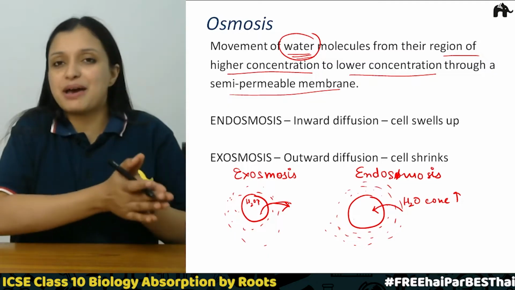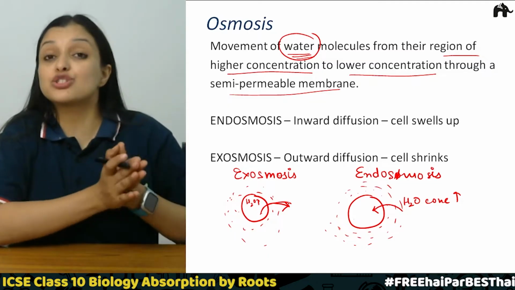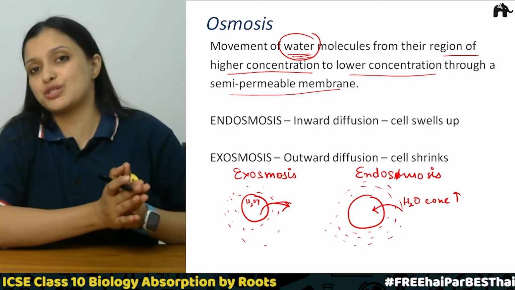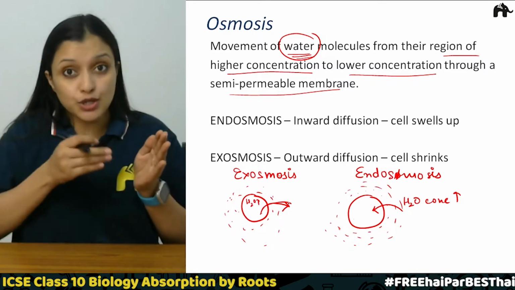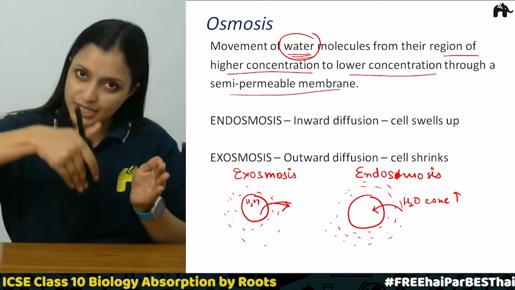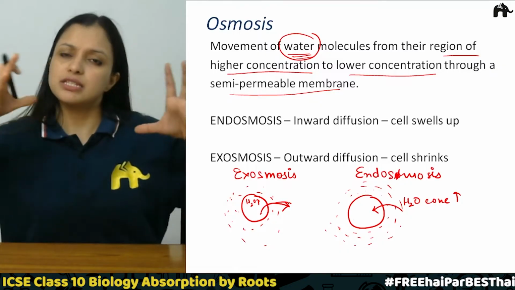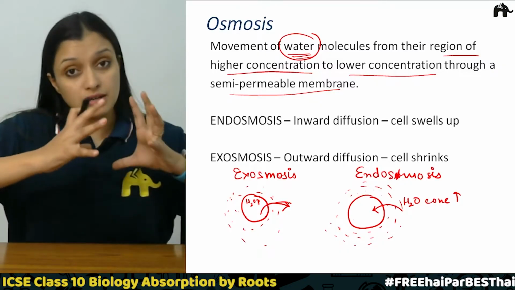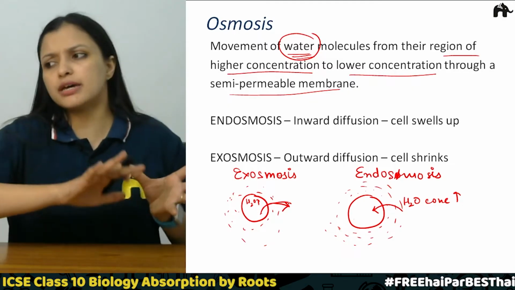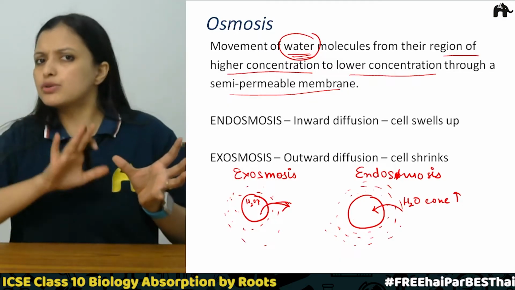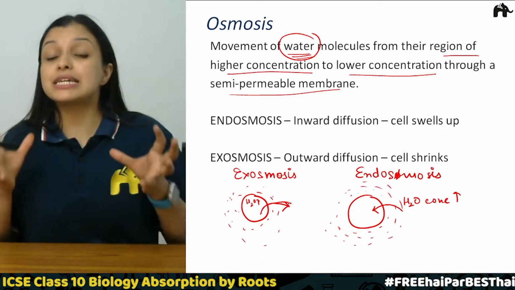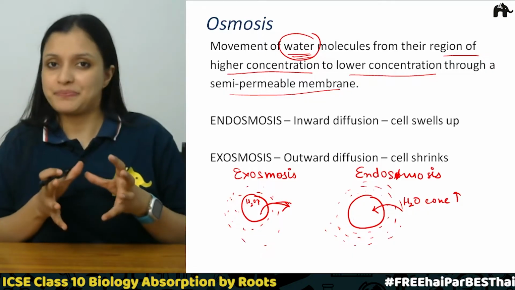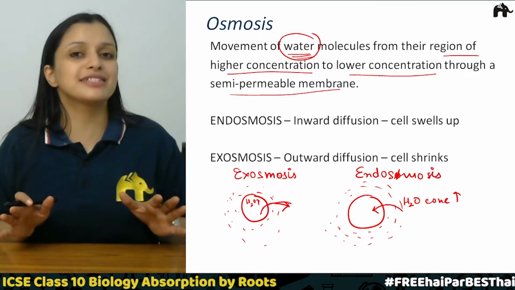The same is happening in the case of endosmosis and exosmosis, right? In endosmosis, water molecules are coming into the cell, so the cell is swelling up. In exosmosis, water molecules are more inside the cell, so they are going outside the cell, right? So in that case, the cell will shrink. Correct? So I hope this is clear.